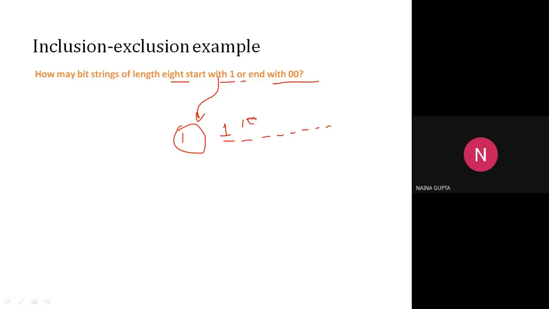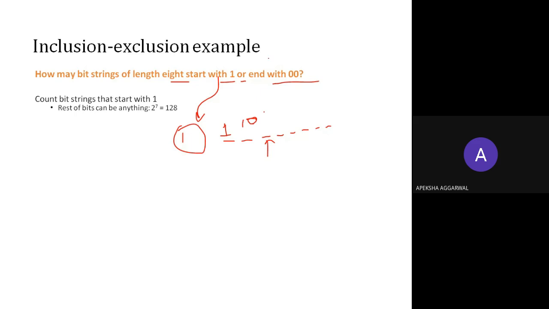Yes, ma'am, 10. And how many possible choices in the second position? Third, sorry. 10. So 10 into 10 into 10, up to the last two, 10 to the power 7, because the first position is fixed and length is 8, right?